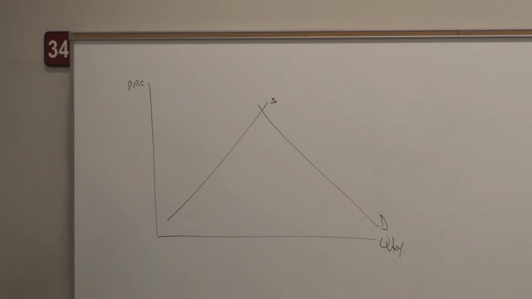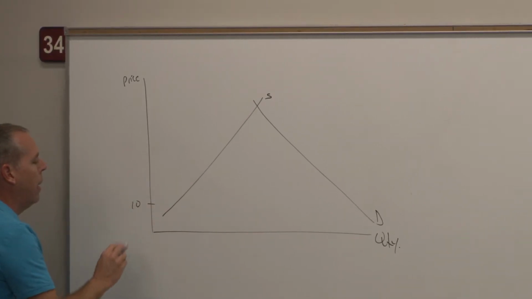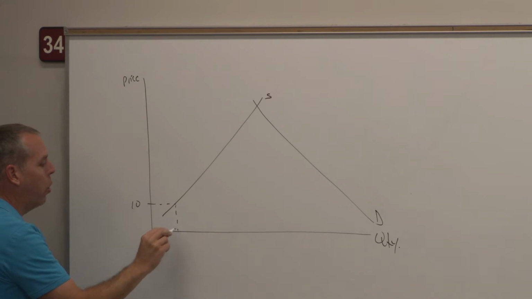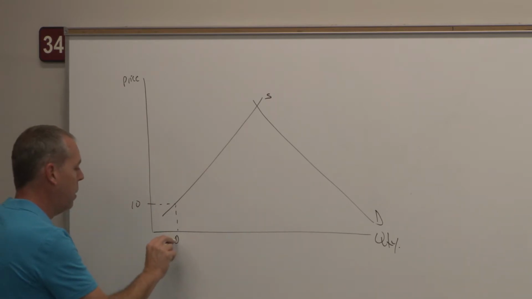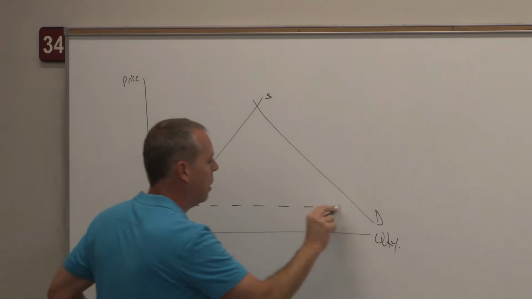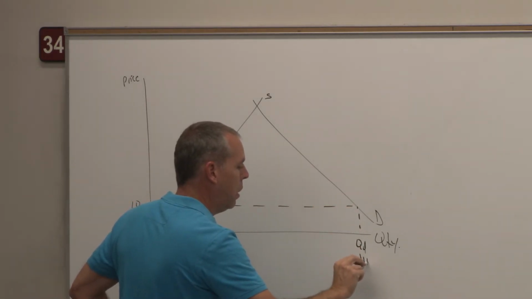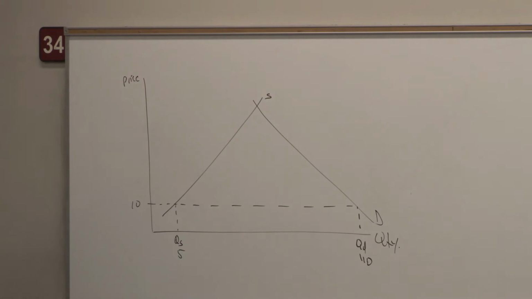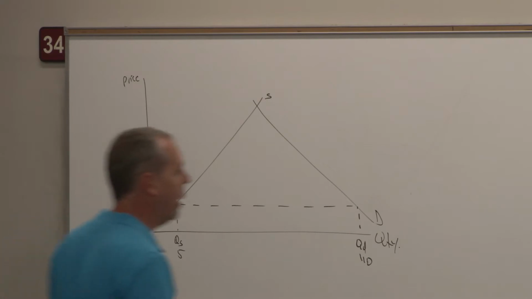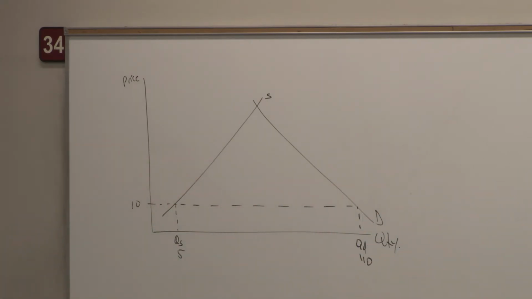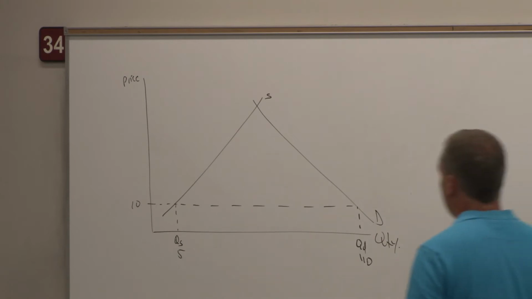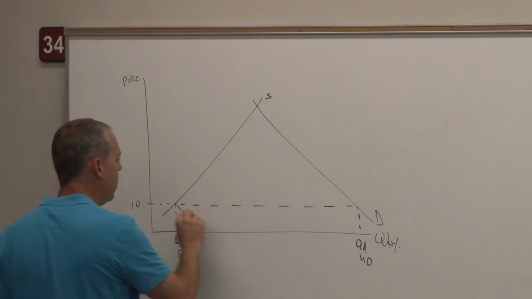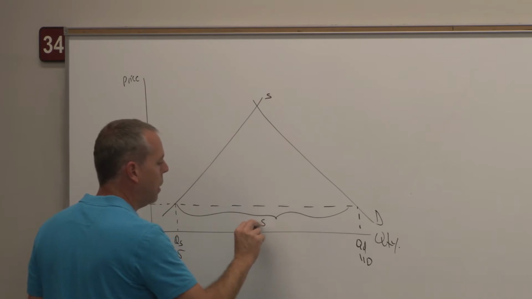Now let's start down here at this price of 10. And at this price of 10, we see that our quantity supplied here is 5. Our quantity demanded is 110. So at the end of the week, you want 110 pairs of jeans bought. People make 5 pairs of jeans. Too many or not enough? Way too low, right? We have a shortage here. We've got a shortage of 105.